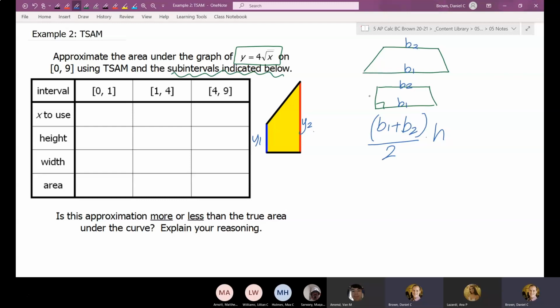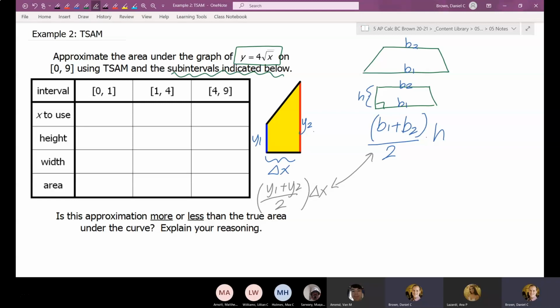And what we would normally call the height, since it's turned on its side, is going to be like the difference of the x's, basically the width of it. So for TRAM, I like thinking of it as y1 plus y2 divided by 2 times delta x, but they're the same formula. I'm just using different variables because of the way we've rotated this trapezoid.